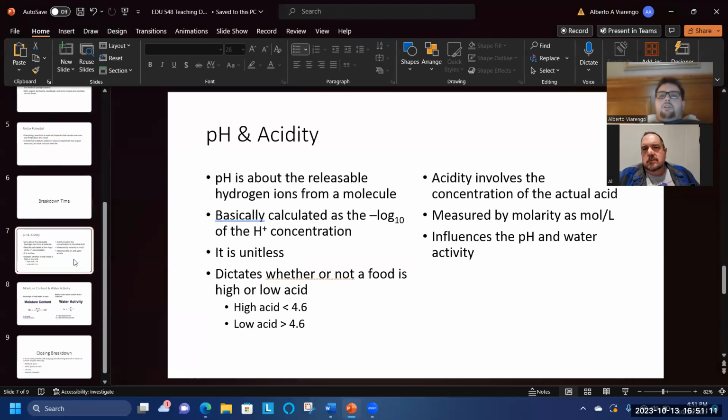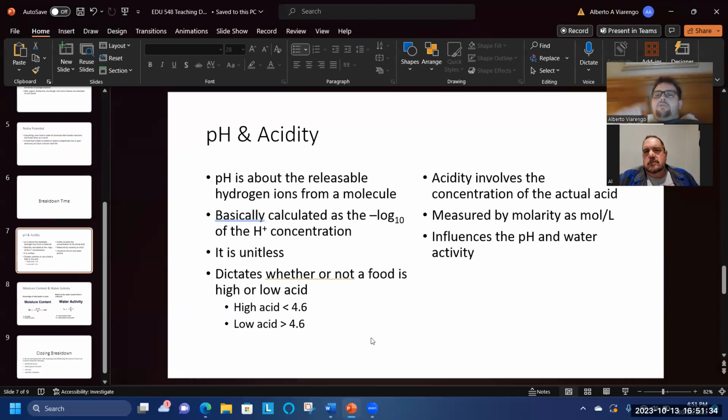All right, moving on. pH and acidity. Earlier you had mentioned pH has to do with acid content and such. Well, you're not far off, but there's a little difference there. You see, pH is all about the releasable hydrogen ions from a molecule, which defines a molecule as an acid.